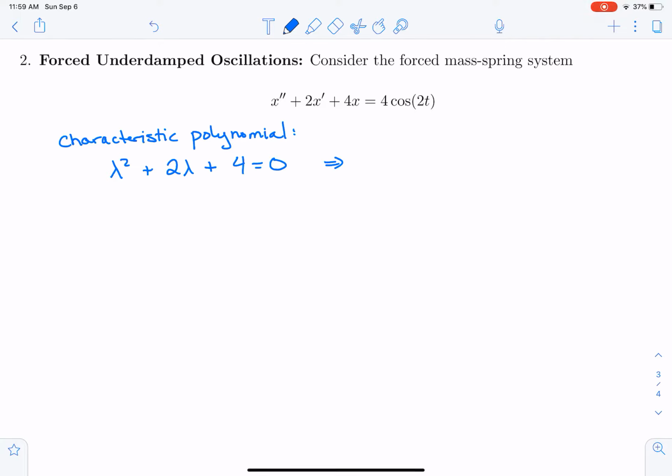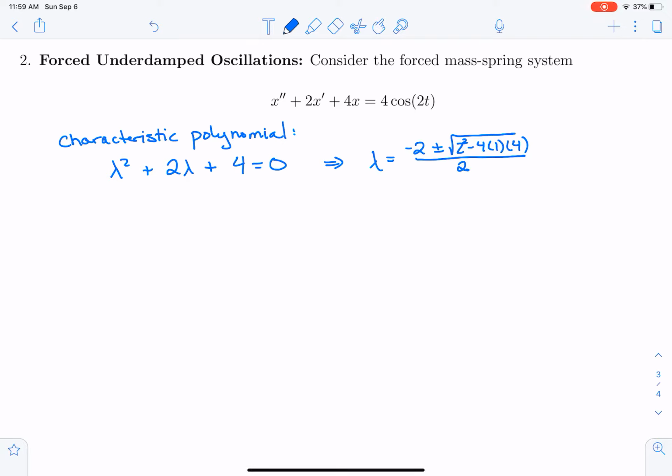So that tells me, using the quadratic formula, that lambda is going to equal minus 2 plus or minus the square root of 2 squared minus 4 times 1 times 4, all over 2.